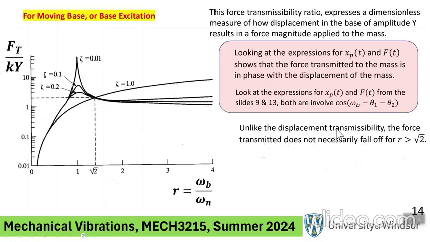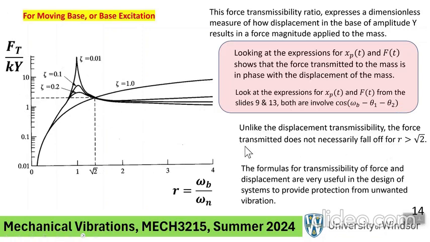So unlike the displacement transmissibility, the force transmitted does not necessarily fall off, because if you go back to the previous slide, you see a graph of big X over big Y. You see that they all went below the line big X over big Y equal to 1. They all dropped. That doesn't happen here. Okay?